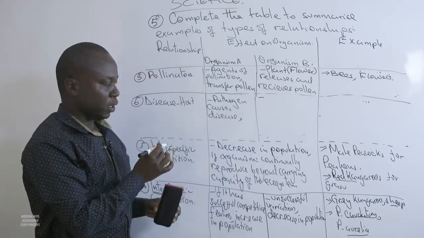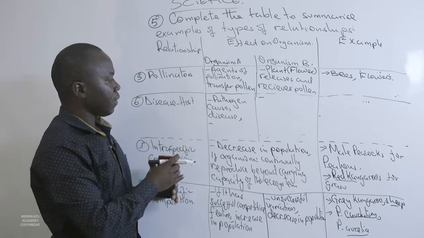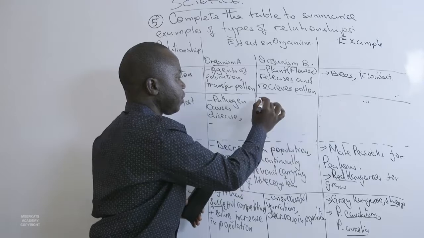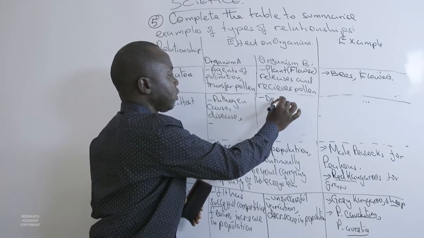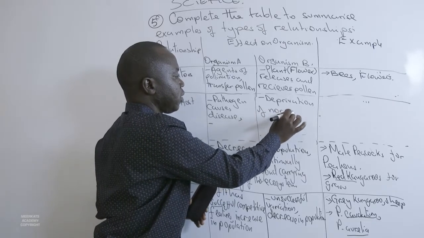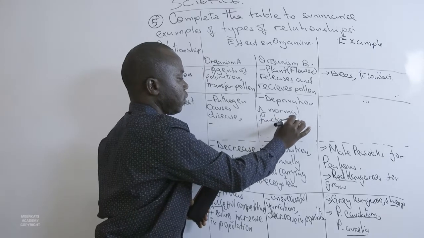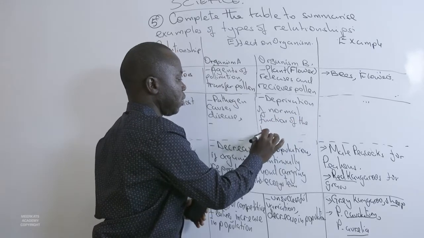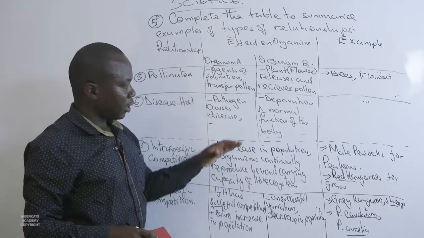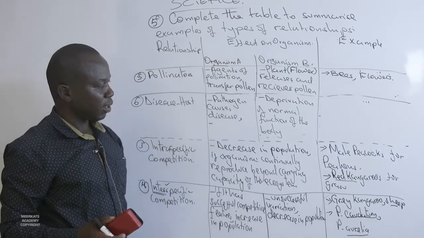And as it causes disease, we also have other effects on the host. You're going to have deprivation of normal functioning of the body. So the host is not able to carry out its functions. And several others. We have already said that the pathogen can also obtain nutrients and several other things.